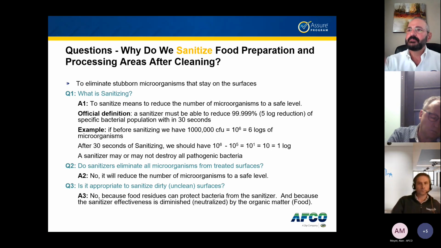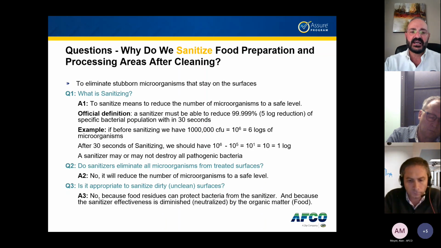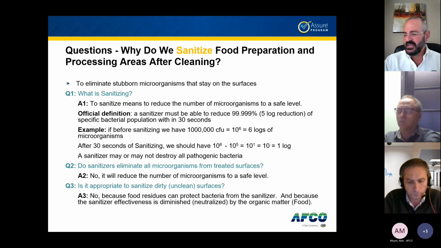Also, food itself absorbs some of the effectiveness of the sanitizers. So let's say we have a quat, and you use it at 200 ppm. This is just an example, okay? This is not a real number I'm giving you. But if we have a quat that is approved at 200 ppm, and you apply it on a dirty surface, with a lot of food there, like boot sanitizing stations, when boots are very filthy and contaminated and dirty with food and dust, mud and stuff like that, and you apply a sanitizer at 200 ppm on it, most of the ppm of the sanitizer is going to be diminished, absorbed by food residues.